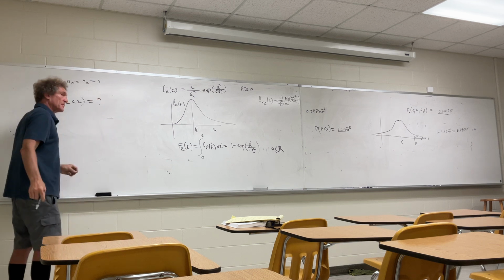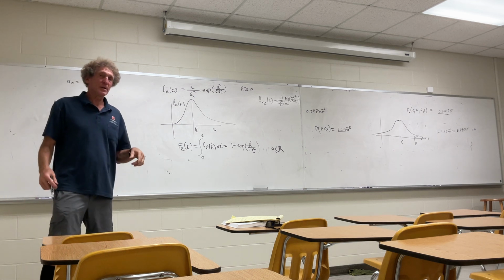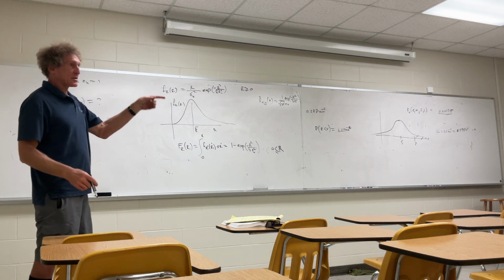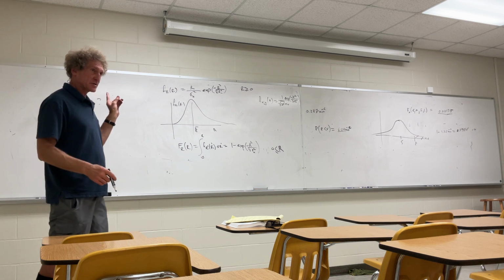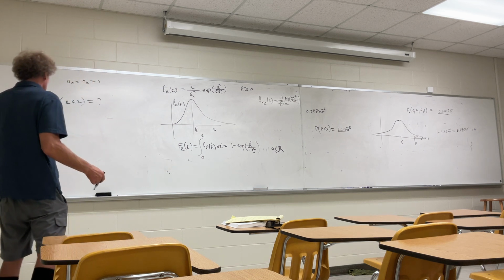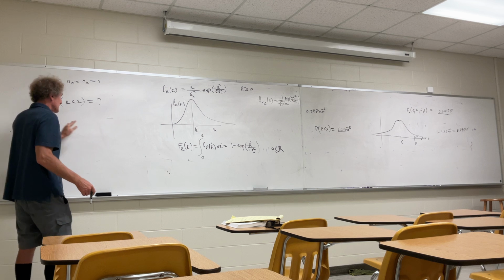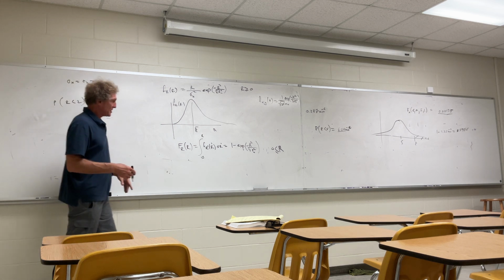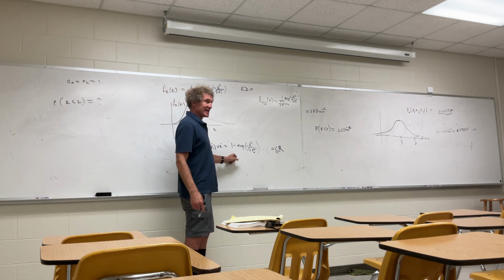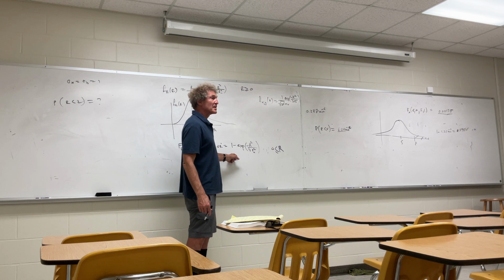In other words, if you sent a missile or a bullet or an arrow at the target, and that was the true statistics of it, what's the probability that it would land within 2?